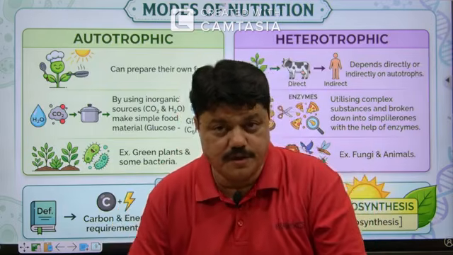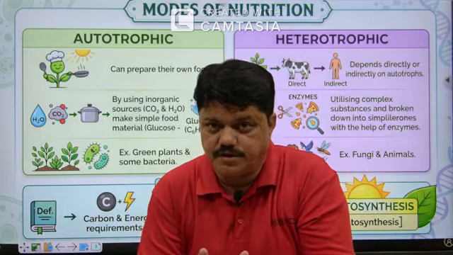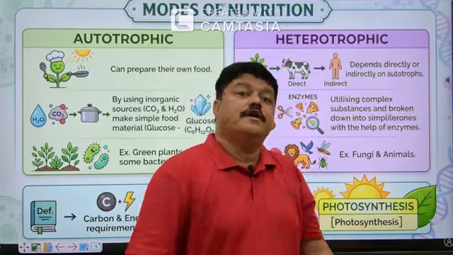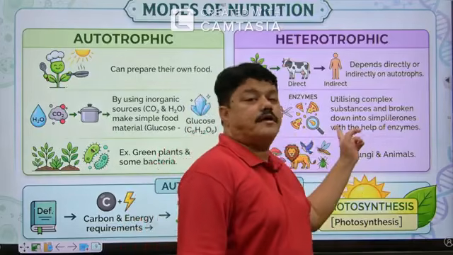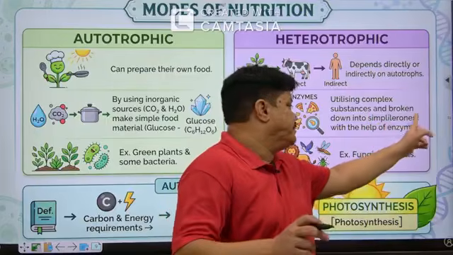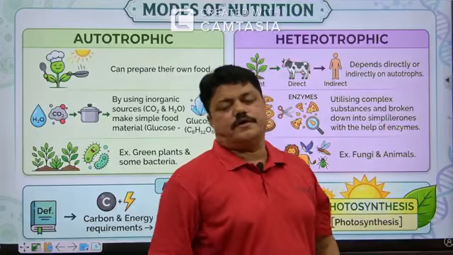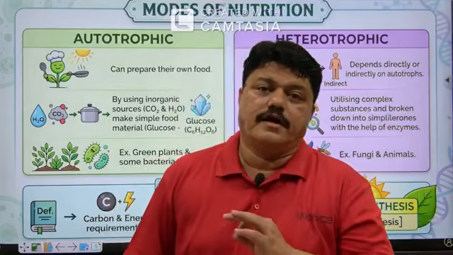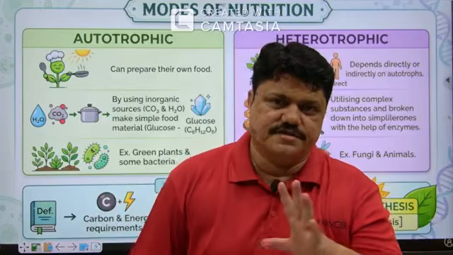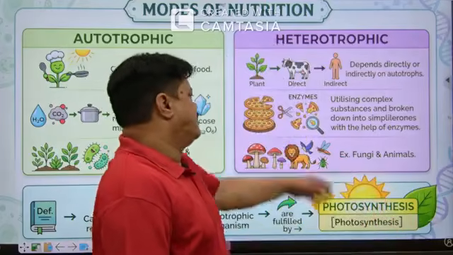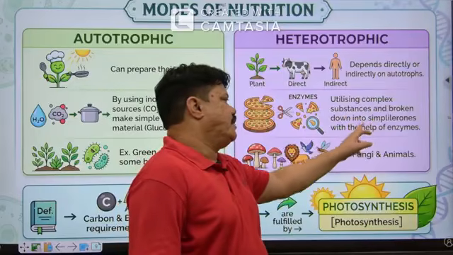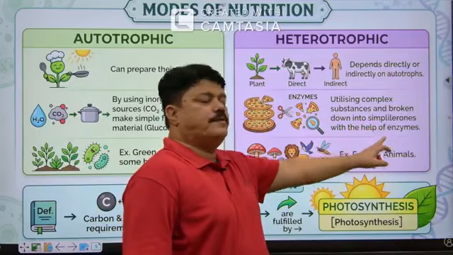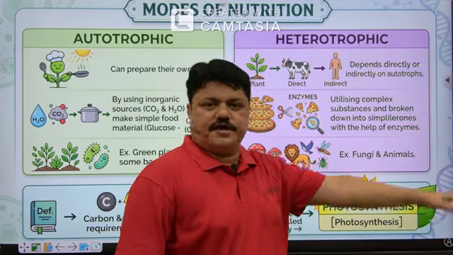Carbohydrate, lipid, protein are the complex organic food materials. That's why we have to break them down into simpler ones, but for that we have to take help of digestive enzymes. So here the point becomes utilizing complex substances and breaking them down into simpler ones with the help of enzymes.